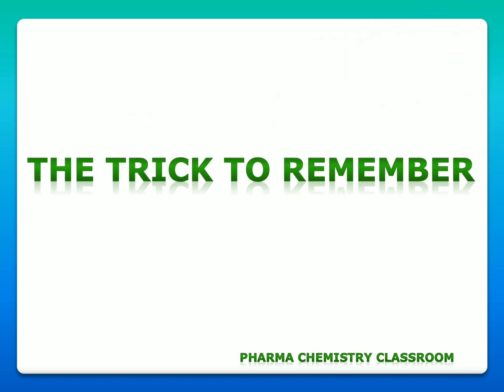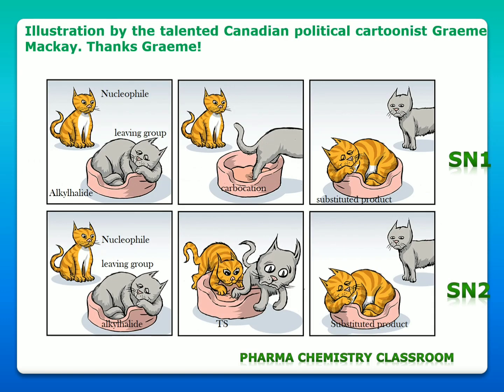Now there is a trick to remember SN1 SN2 reactions. You will never forget if you remember SN1 SN2 reactions using this method. This is an illustration by talented Canadian political cartoonist Graham Mackay, so that we can use this to explain our SN1 and SN2 reactions. Look at here.